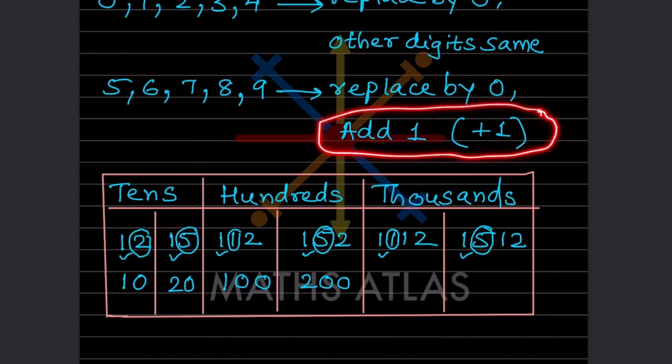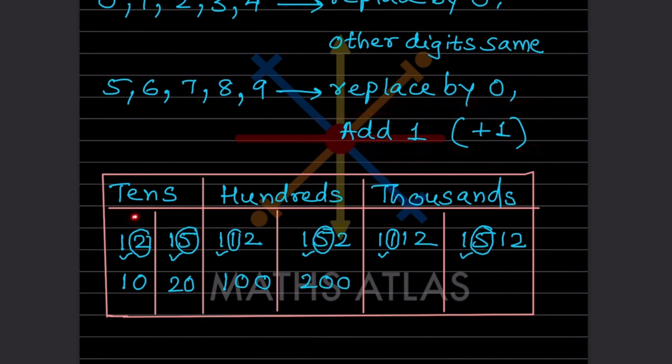Add 1, that is plus 1. So this becomes 2. You put 0 in the ones place, and in the tens place you add plus 1. Hope that is clear. We are going to see others with other examples.